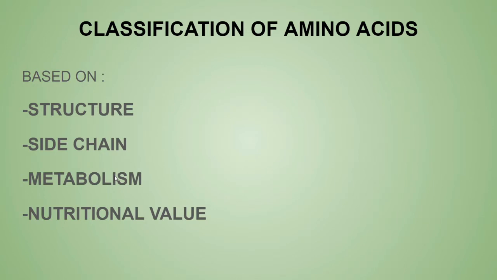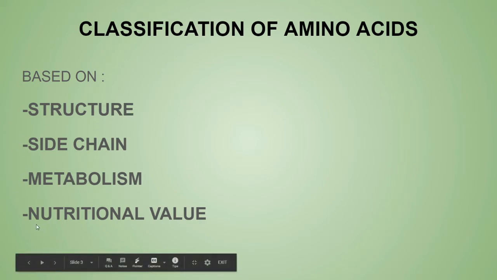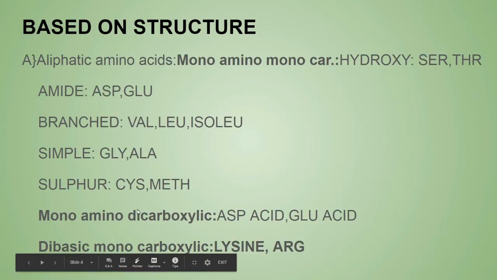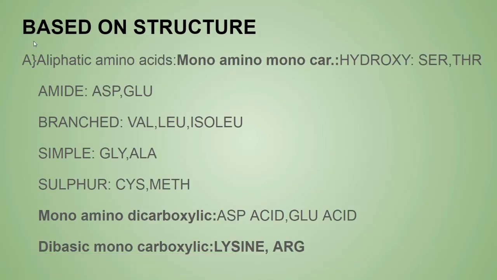Now, the classification of amino acids is done on the basis of four main categories: the structure of the amino acid, side chain, metabolism and nutritional value. Based on structure, first of all we have aliphatic amino acids. Aliphatic means the amino acid won't have any cyclic structure; there will be only a straight carbon chain.